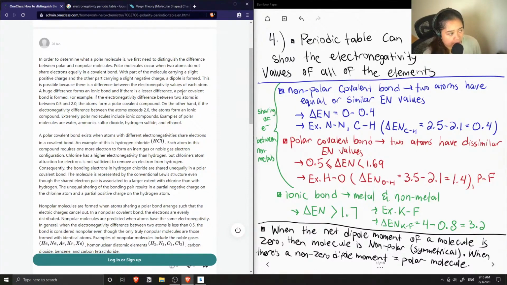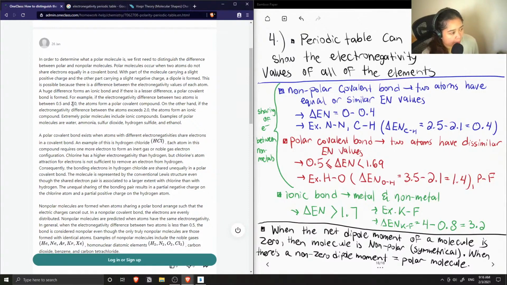So these are polar covalent bonds, with part of the molecule carrying a slight positive charge and the other part carrying a slightly negative charge, a dipole is formed. This is possible because there's a difference between electronegativity values of each atom. A huge difference forms an ionic bond, and if there's a lesser difference, a polar covalent bond is formed.